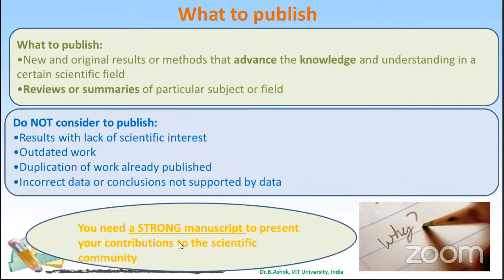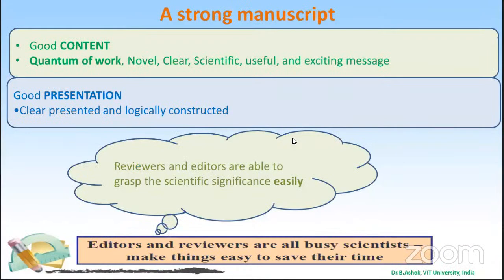So more important is that you need a strong manuscript to present your contribution to the scientific community. What is that strong manuscript? There is a strong manuscript and a weak manuscript. A strong manuscript means you should have good content.